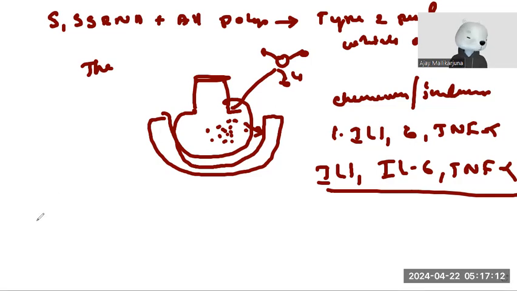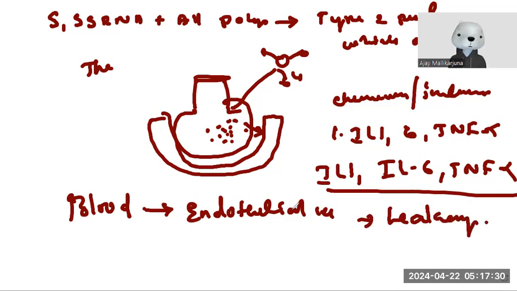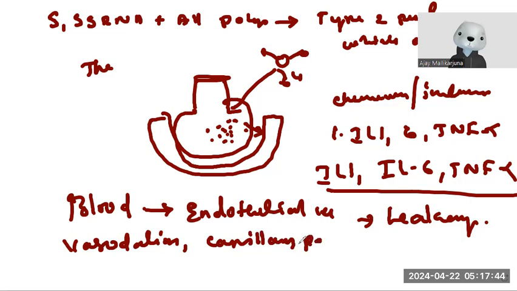So all three go into the blood. Through the blood, they will enter into the endothelial cells. In the endothelial cells, there will be leakage, so it leads to vasodilation, and finally to capillary permeability.